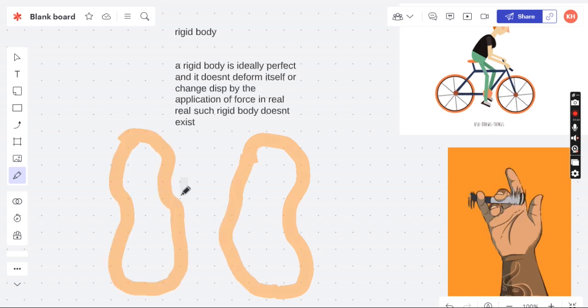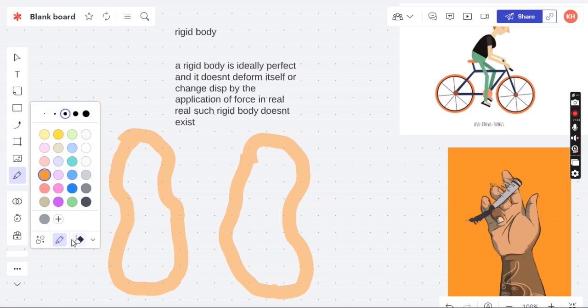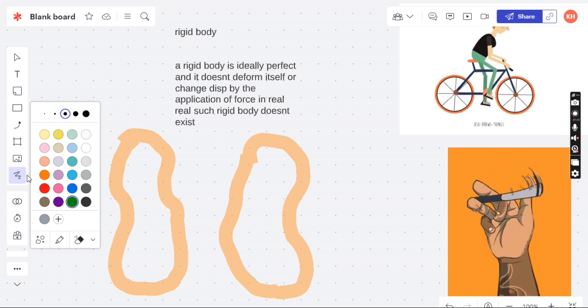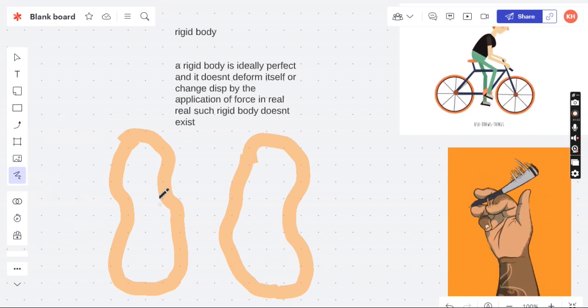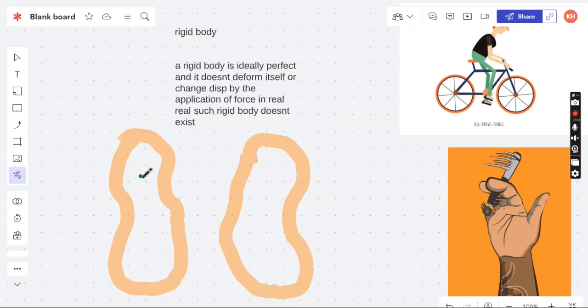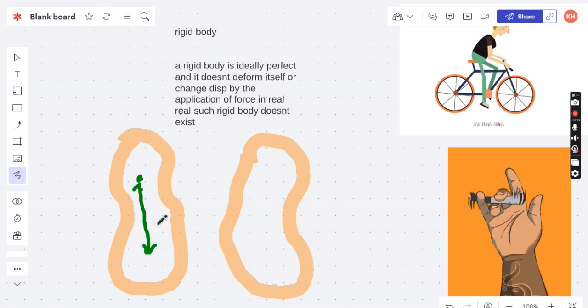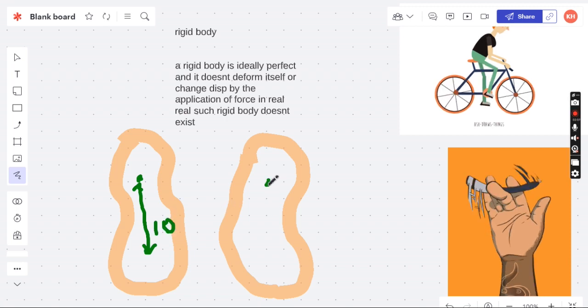Now look at what I'm going to do. First of all, I'm selecting two points here, one point and the other point, and drawing a displacement along them, something like this. The displacement is 10, so let's write it as 10. And drawing another displacement, something like this.